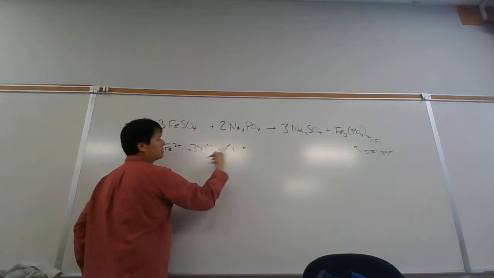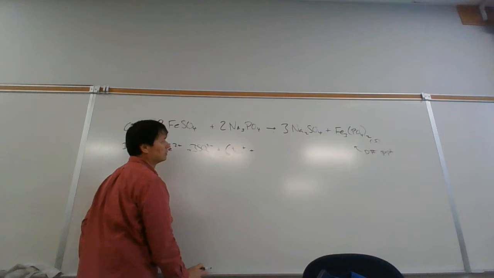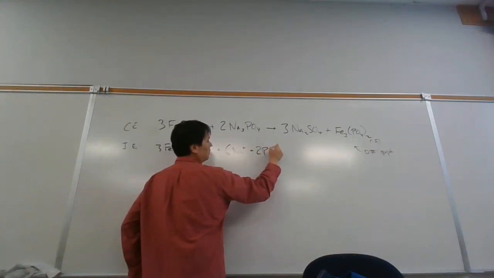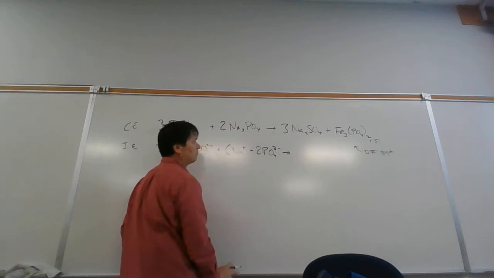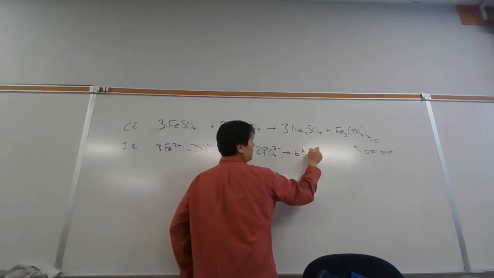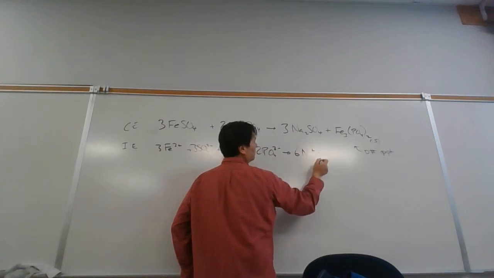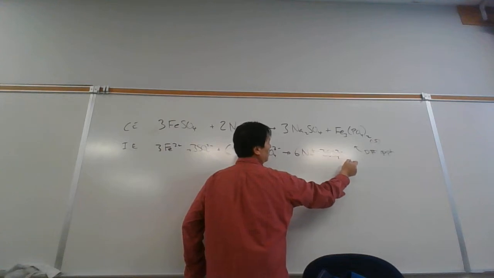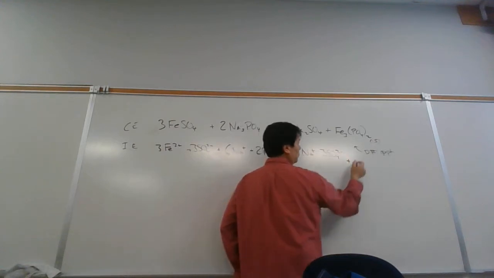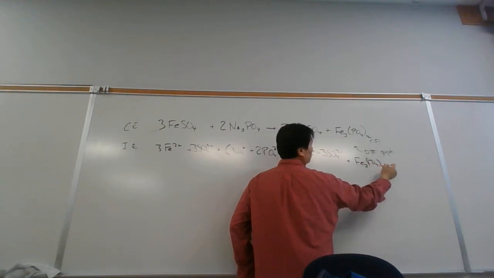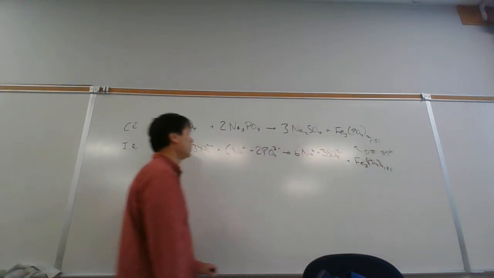Don't forget the charges. Plus 2 PO4 3-, and that's 6 Na+ and 3 SO4 2-. And then plus Fe3(PO4)2, solid. Oh, good.